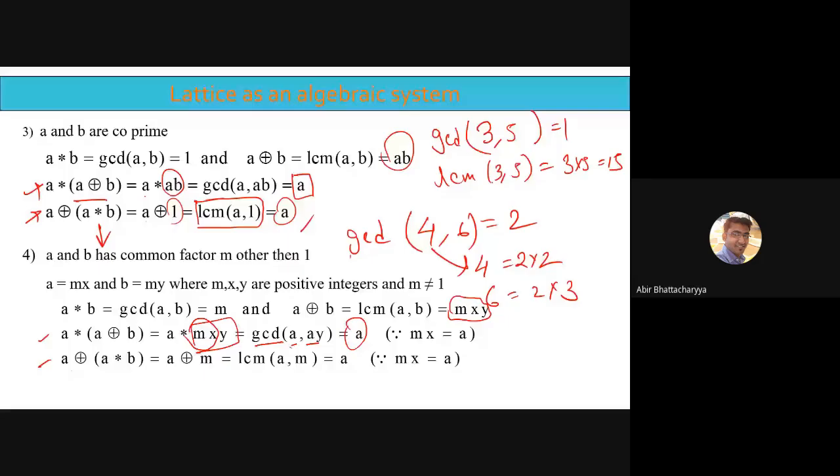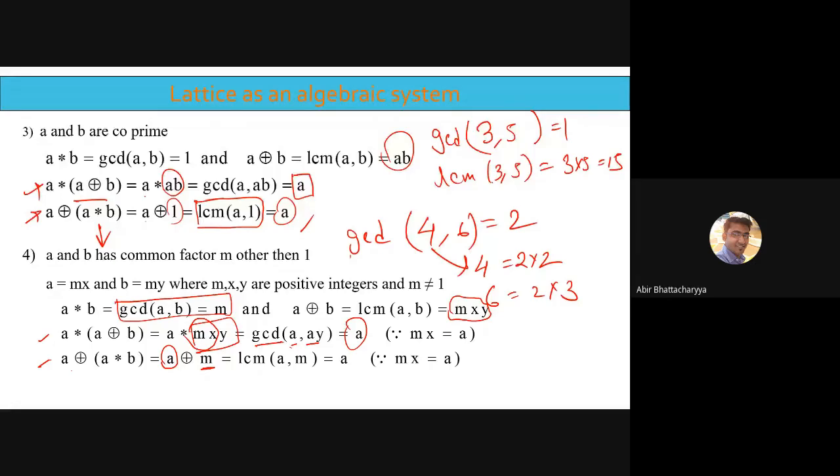What is the GCD of A comma mxy? It is A. And the last one is A plus circle (A star B), which equals A plus circle m, because I told you the GCD of A and B equals m, or A star B equals m. So A plus circle m is equal to the LCM of A comma m.